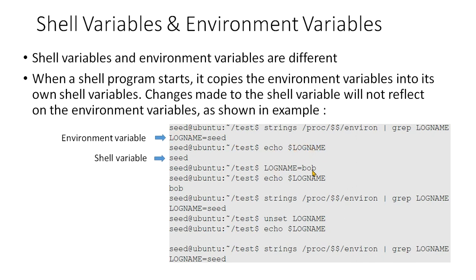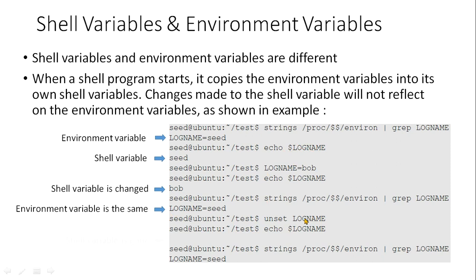So echo LOGNAME is Bob, but this is only the shell variable. The original environment variable LOGNAME is still seed, it's not changed. We can only make changes to the set of shell variables.